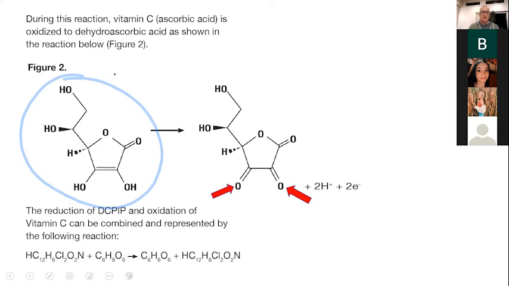And then when it's oxidized, this oxygen goes from having its own hydrogen to being double bonded. Same with this one. So it's basically losing electrons in doing that. And these two electrons then get donated to DCPIP. And then we see the color change.